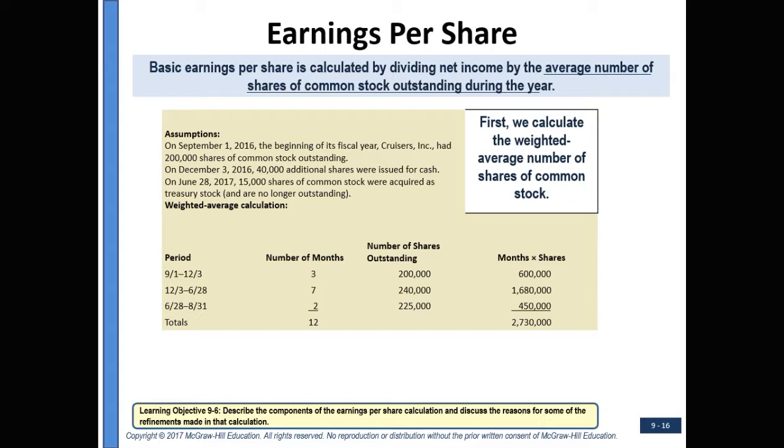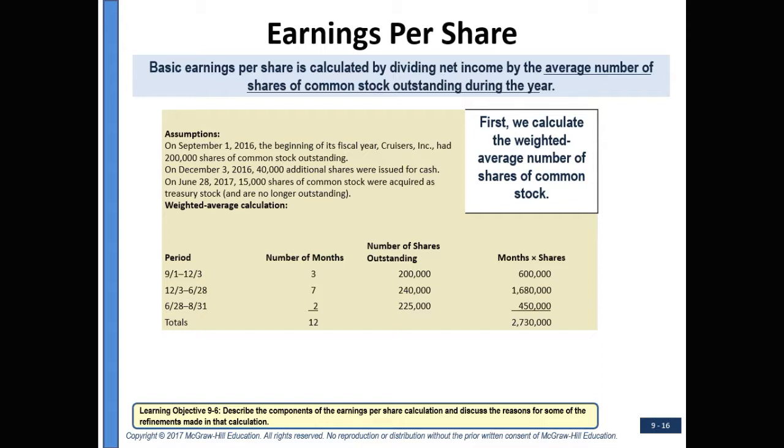We read the assumptions and go through the calculations of the number of shares outstanding for Cruisers here. How you calculate that is going to depend. If the stock doesn't change in the course of the year, it remains the same at the beginning and it remains the same at the end.